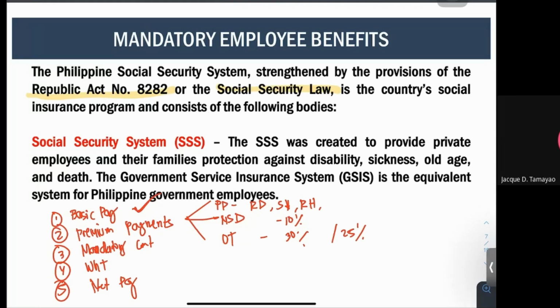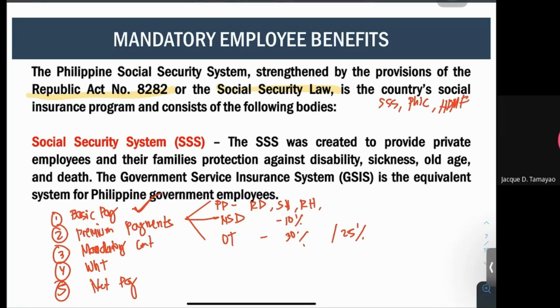These social insurances are known as SSS, your PhilHealth or PHIC, and then your HDMF. So let's go to them one by one.